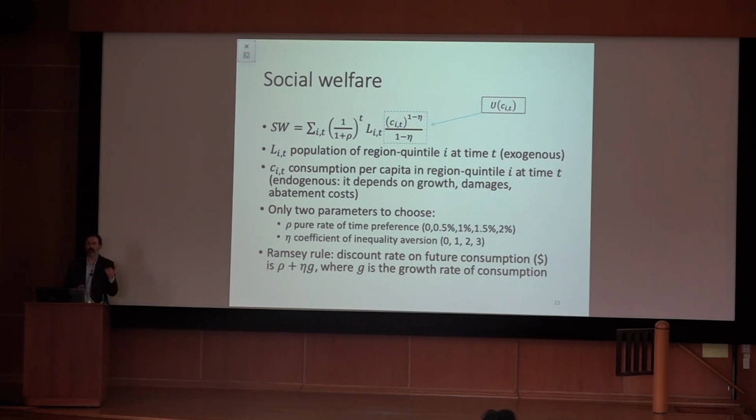So you may remember from last time I introduced the Ramsey formula for the discount rate on future dollars. If you go back to these parameters, the Ramsey formula uses this rho parameter as the first term, and then you add the eta parameter, the coefficient of inequality aversion, times g, which is the growth rate of consumption.